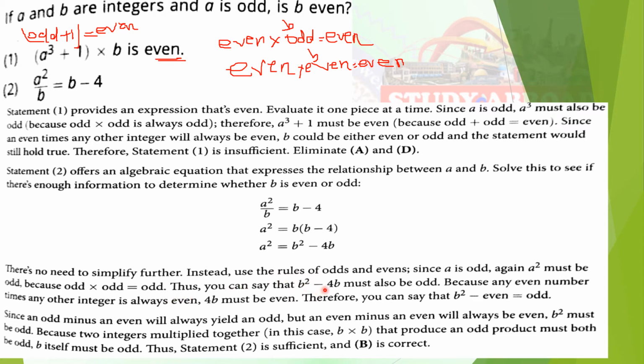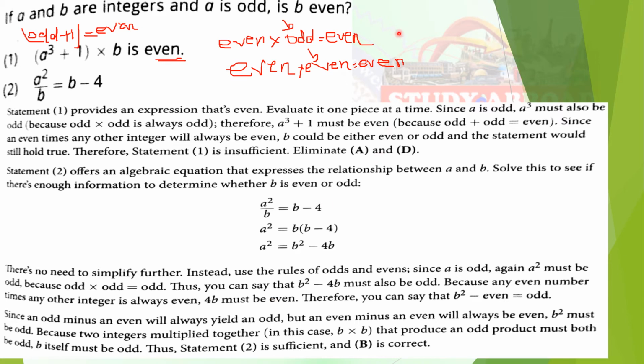So the right hand side expression is B square minus 4B. Any even number times any other integer is always even only, so 4B must be even.